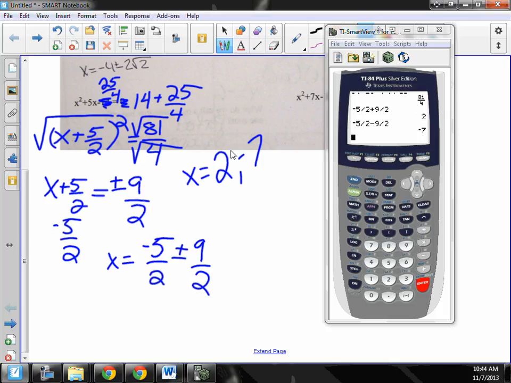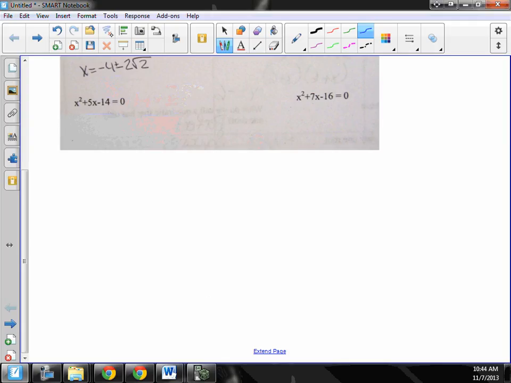All right. Let's work the next one. Move the 16 over. What number goes in my factor? No, half of the middle term. Half of 7 is 7 over 2. So this is plus 7 over 2 equals, so what number do I put here?